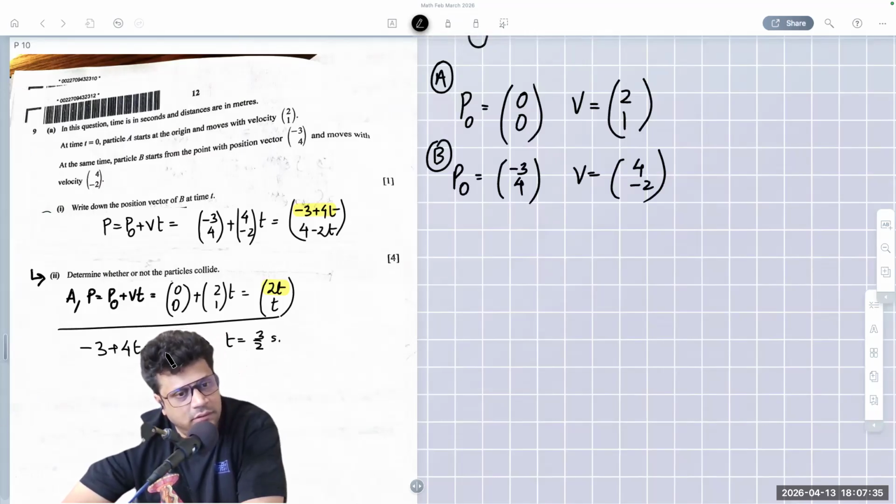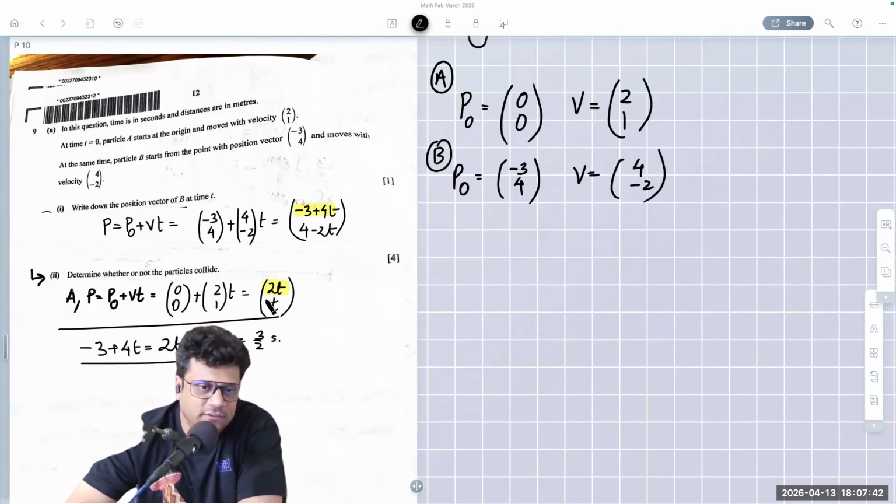And let's equate the y's also: 4 minus 2t equals t, which means t is 4 by 3 seconds.